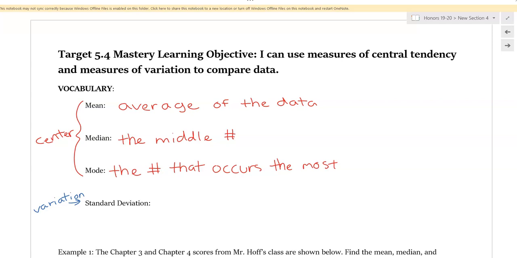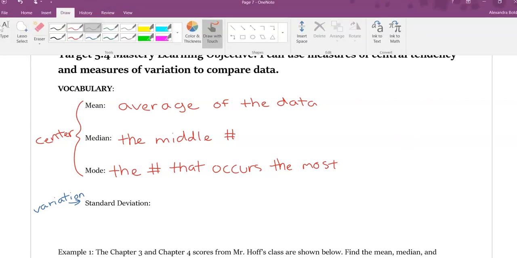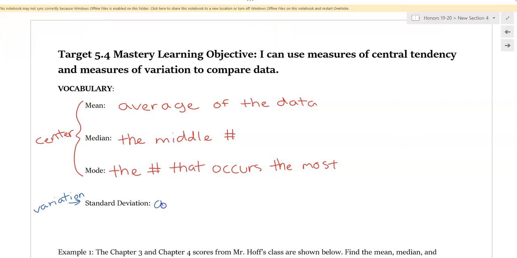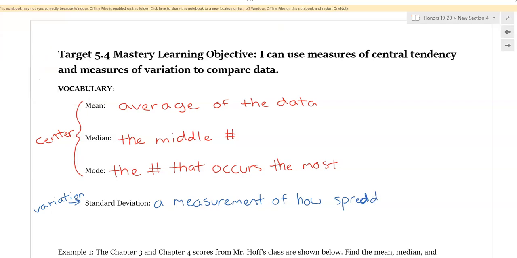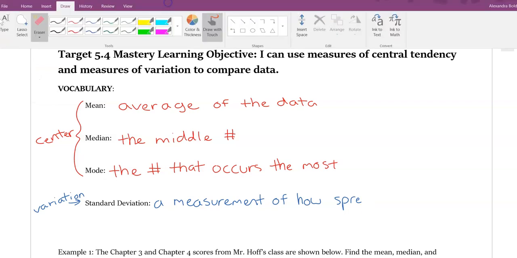Then our standard deviation. Our standard deviation is a measurement of how spread out the numbers are.